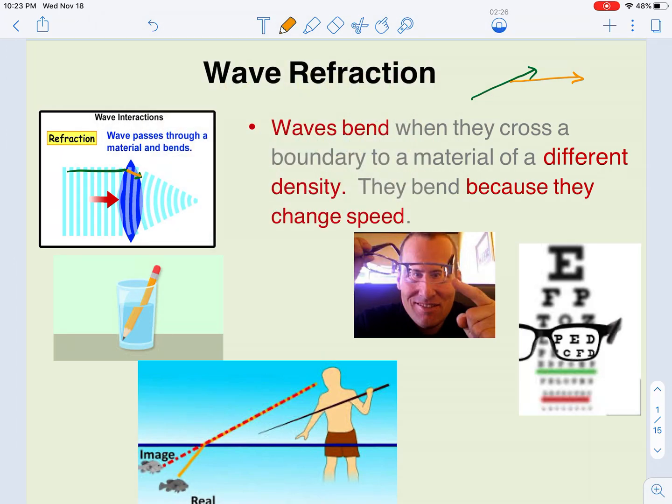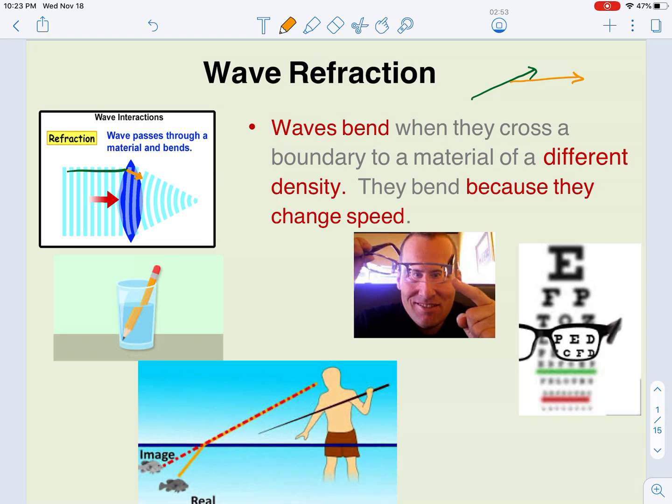So the light is going to bend, or that path is going to be altered, when it enters that second material. And then in this particular example, it bends again because it moves out of that material into the original medium. So that light is actually going to bend twice in that example.